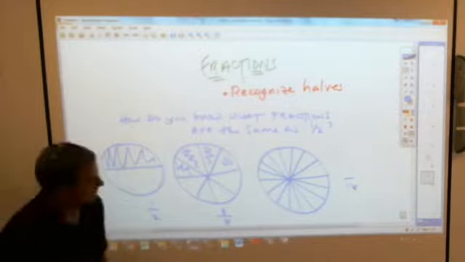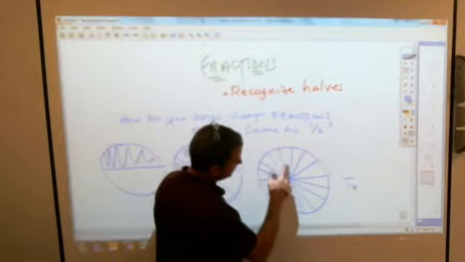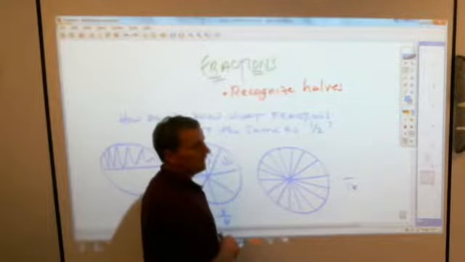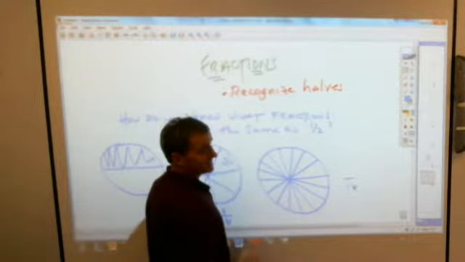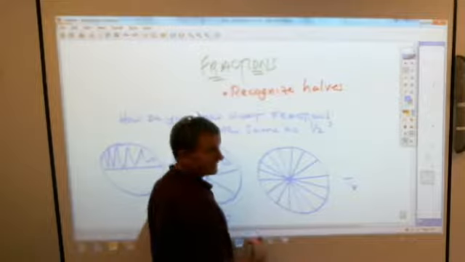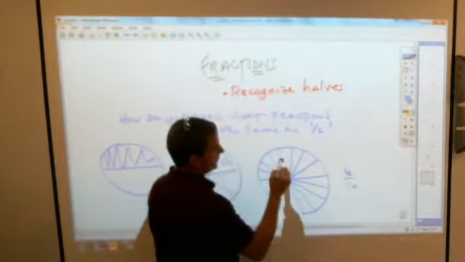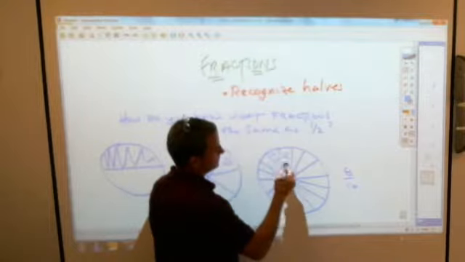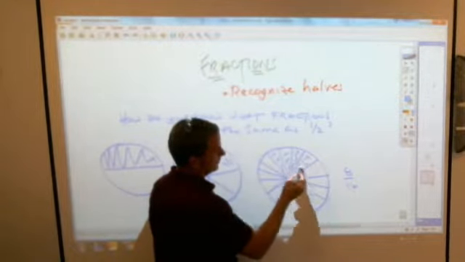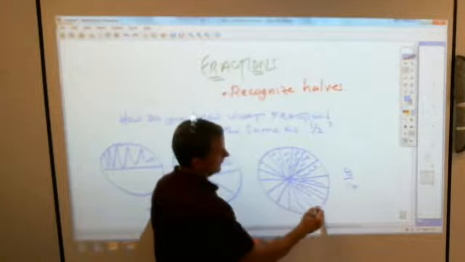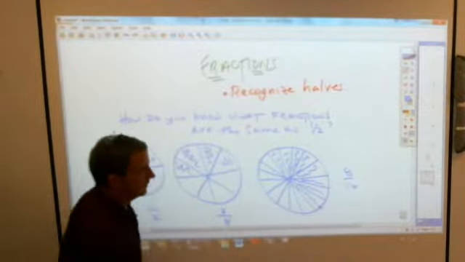How did that 16? Let's try 1, 2, 3, 4, 5, 6, 7, 8. How many pieces would you have to eat in order to eat half that pizza, Tyler? If you cut it into 16 pieces, how many would you have to eat? 8. So based on what you know, here's 1, 2, 3, 4, 5, 6, 7, 8. I ate half the pizza there.